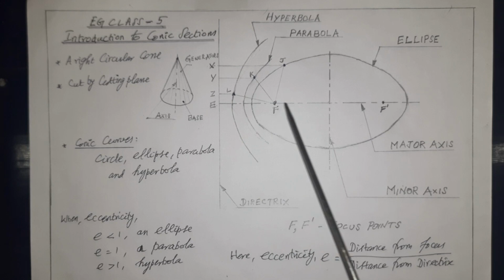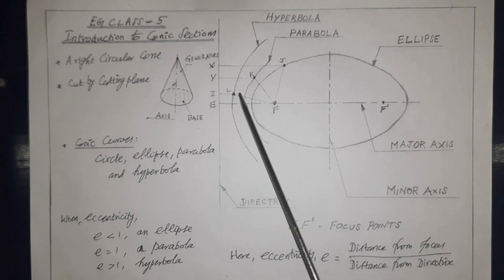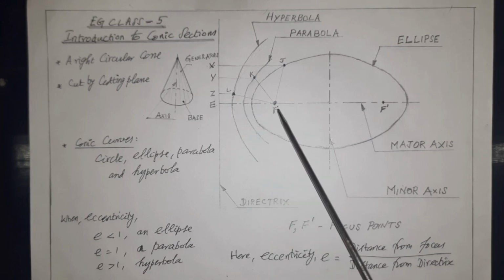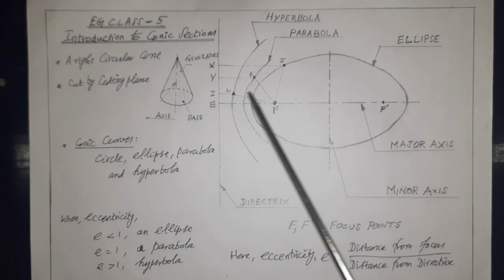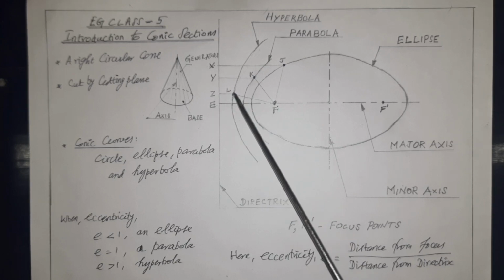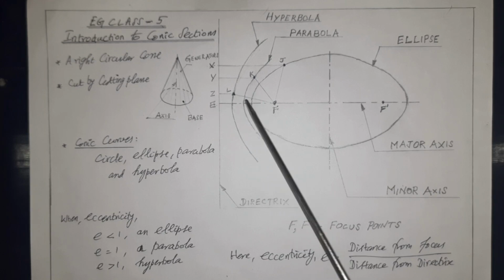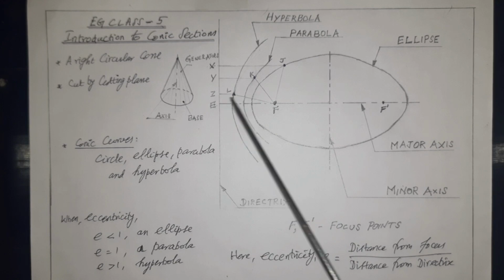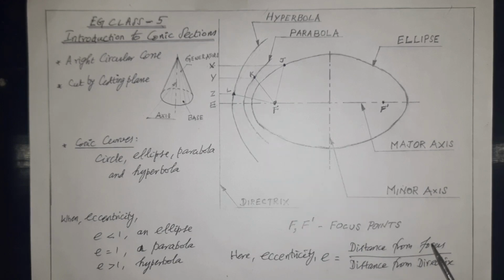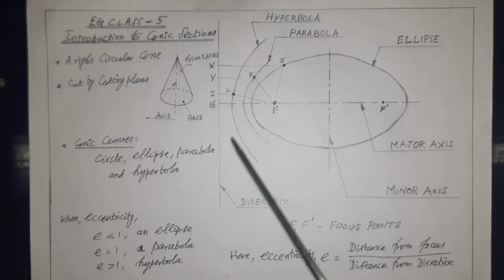This is the lesser length when compared to FL. This FL is called the distance from the focus, and this one is called the distance from the directrix. You see these two lengths. The distance from focus is the higher value, the distance from directrix is the lower value, so automatically it will be greater than 1.